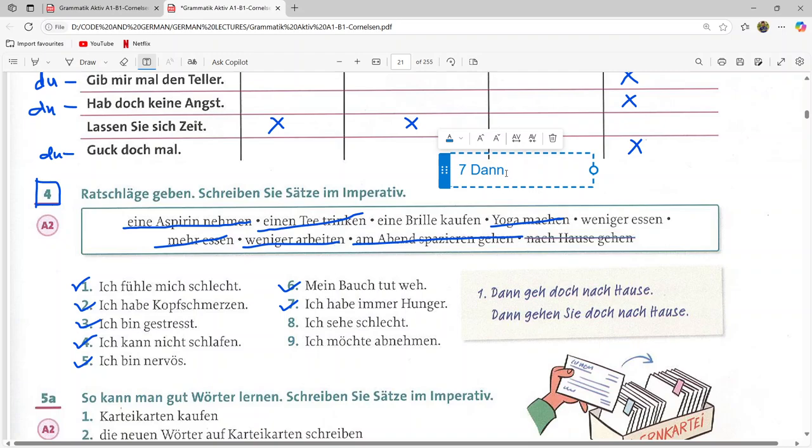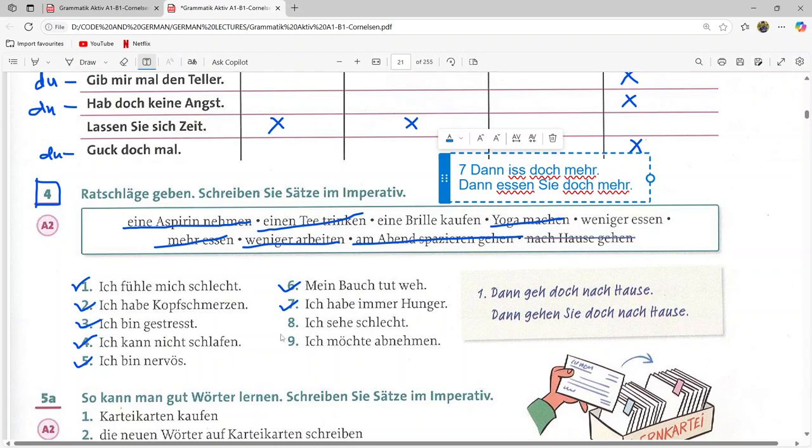The verb is essen, so "iss", right? Only the t is removed here. "Dann iss doch mehr." And in the Sie form, "Dann essen Sie doch mehr."